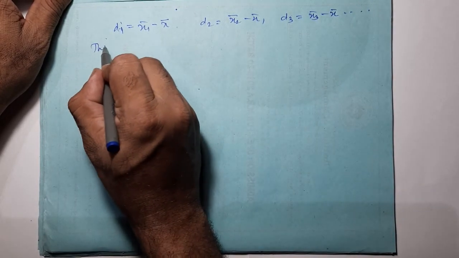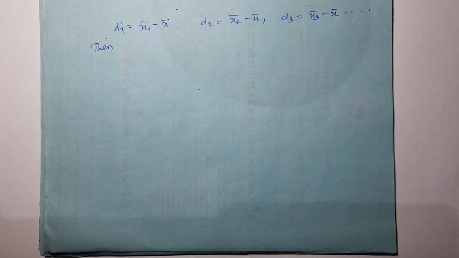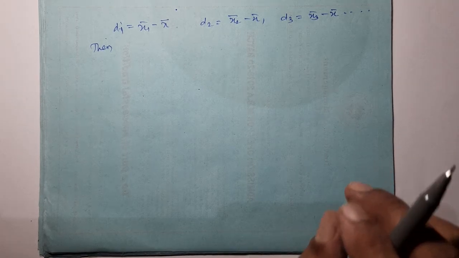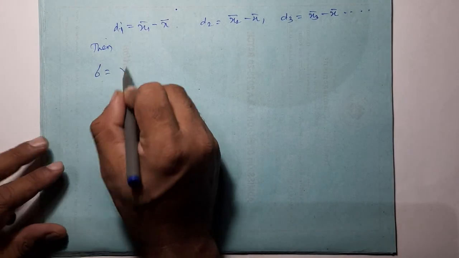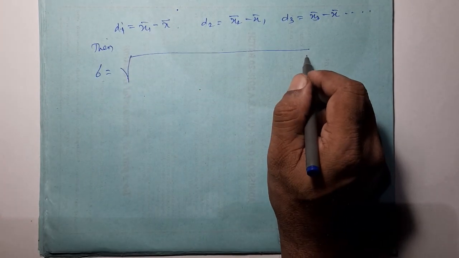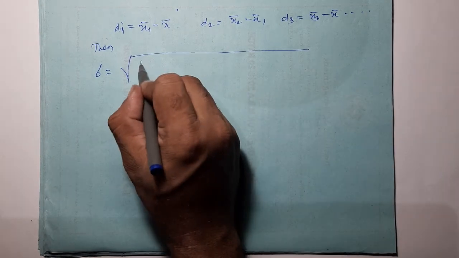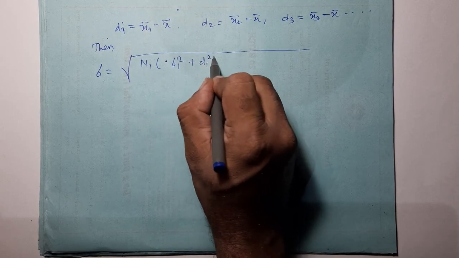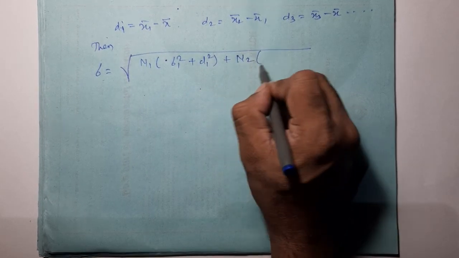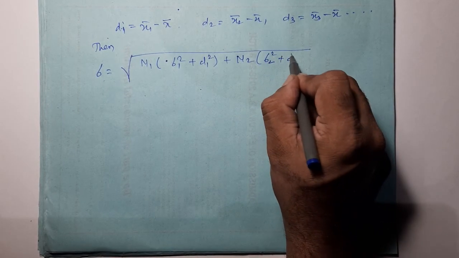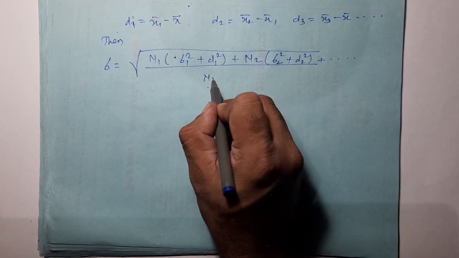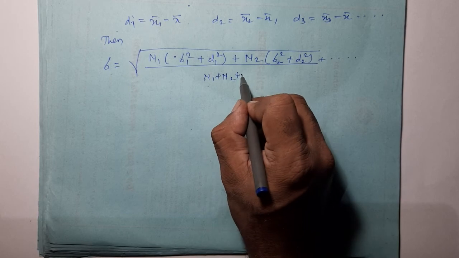Then the combined standard deviation is given by sigma equal to square root of [n1 into (sigma 1 square plus d1 square) plus n2 into (sigma 2 square plus d2 square) plus and so on], divided by (n1 plus n2 plus and so on).